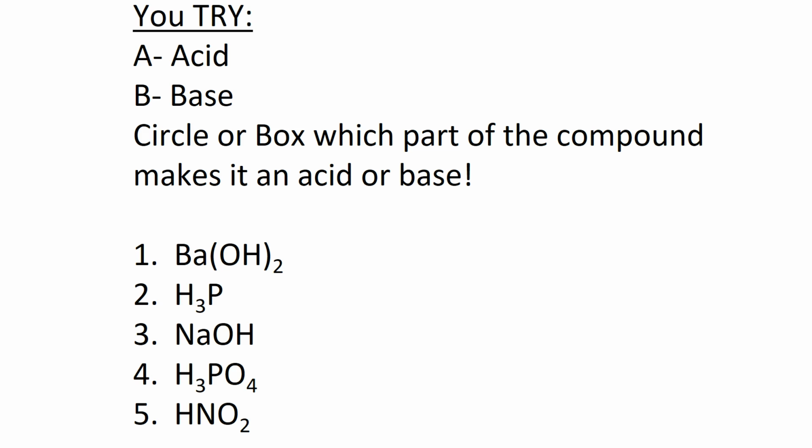If it's a base, we're going to say B next to it. So looking at that first one, Ba(OH)2, based on the two definitions I just gave you, is that an acid or a base? Base. All right. And the thing that makes it a base is the OH. All right, what about H3P? Acid, because that's in the front. All right, what about NaOH?